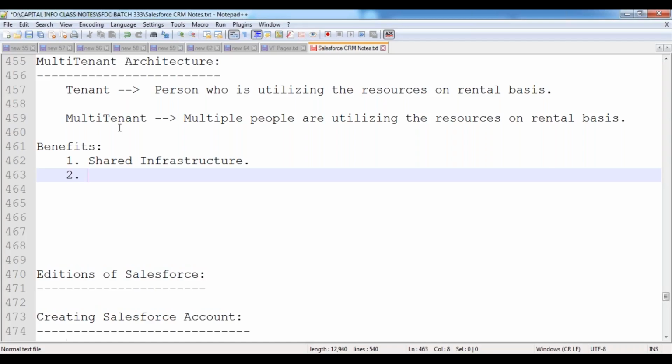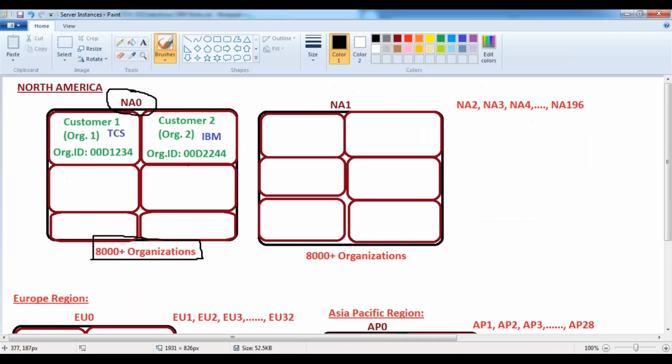So what do we mean by shared infrastructure? Whatever infrastructure resources are available, the servers, the storage space, the memory space, performance features, security features, backup and restoring facilities, disaster recovery management facilities, all these resources we can share across multiple customers.